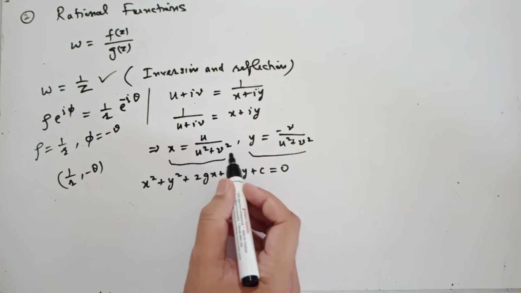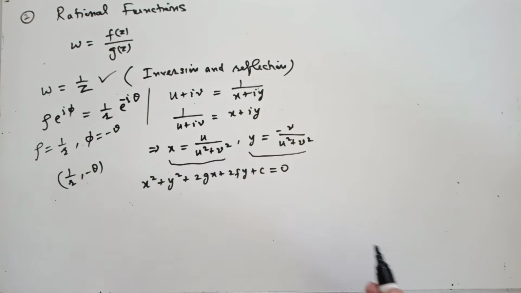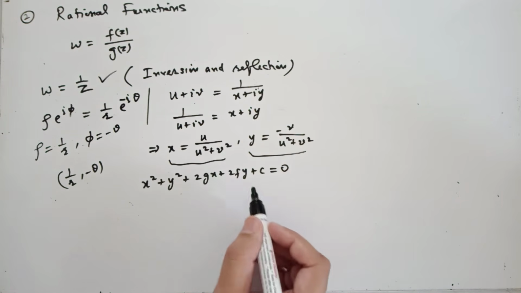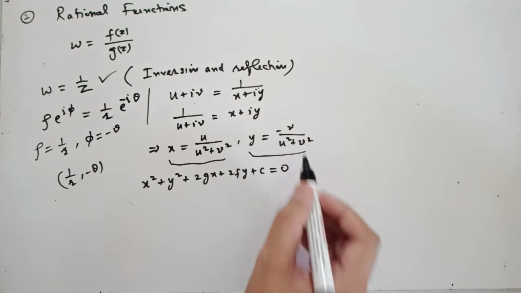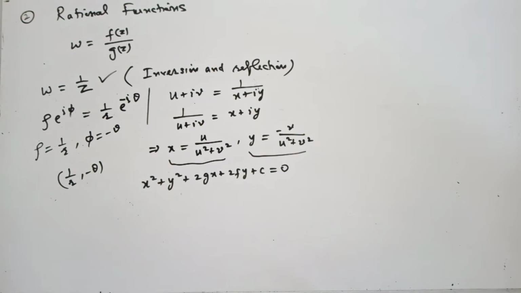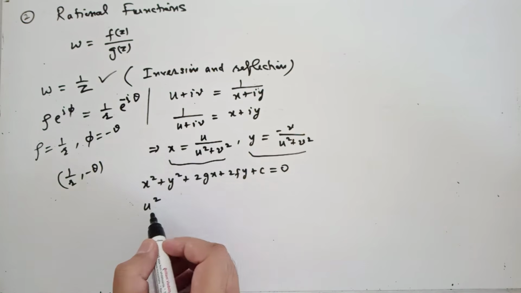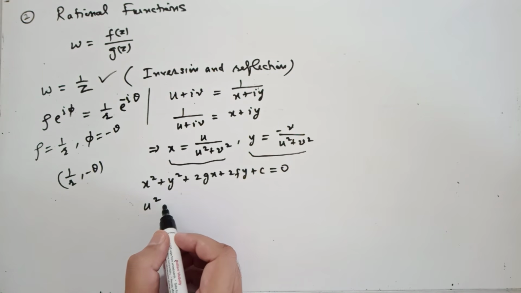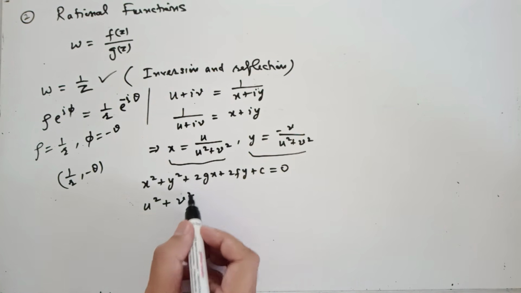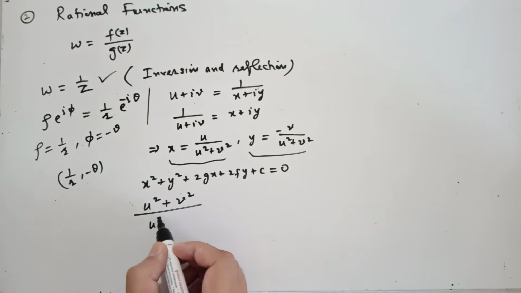So let's substitute x equal to u over u square plus v square and y equal to minus v over u square plus v square. See what you get: u square over (u square plus v square) whole square, plus v square over (u square plus v square) whole square.